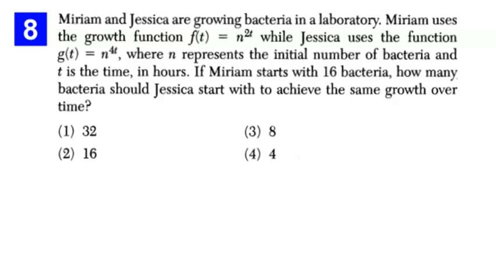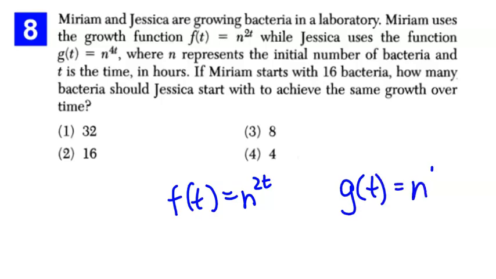In this example, they have two exponential functions, and Miriam is using f of t equals n to the 2t power, and Jessica is using g of t, which is n to the 4 times t power. And it says that if Miriam starts with 16 bacteria, which would be the n in this case, then how many bacteria should Jessica start with to achieve the same growth over time?